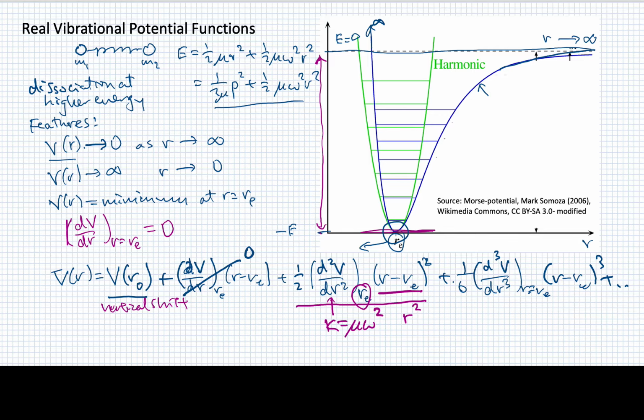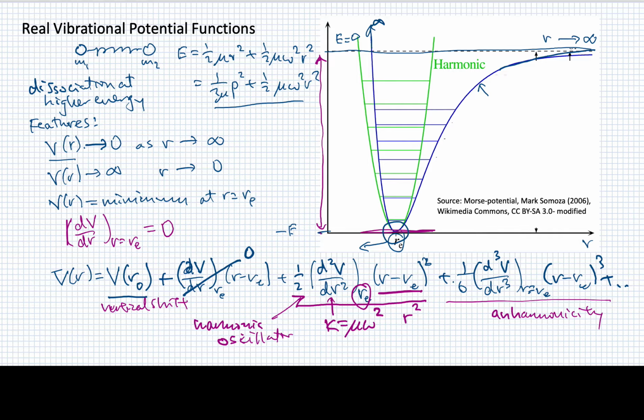So what we have here is that this second term is the harmonic oscillator. And the higher order terms are going to be terms that go beyond the harmonic oscillator, and so they add in what we would call anharmonicity to our potential function. Anharmonicity being something not harmonic.